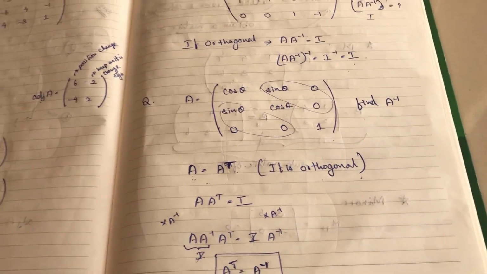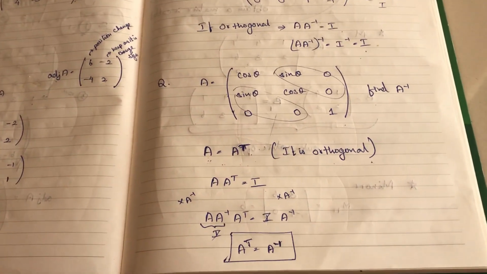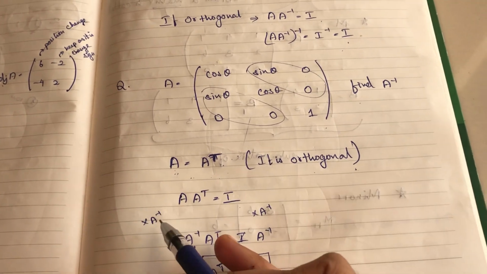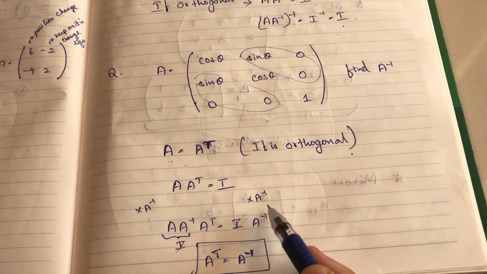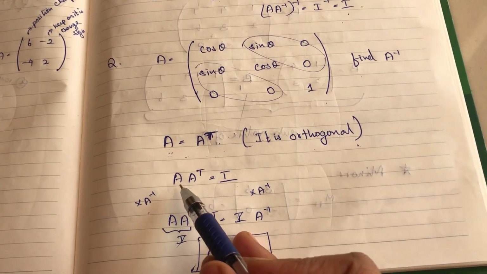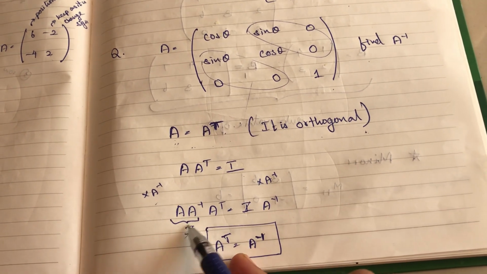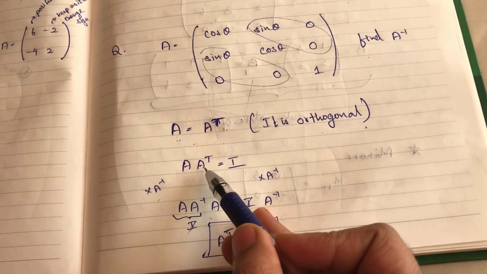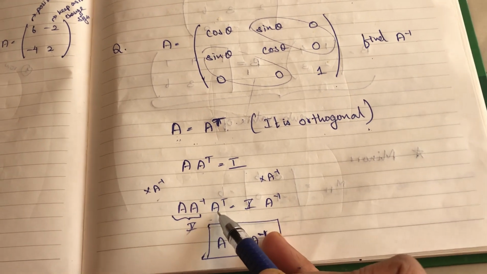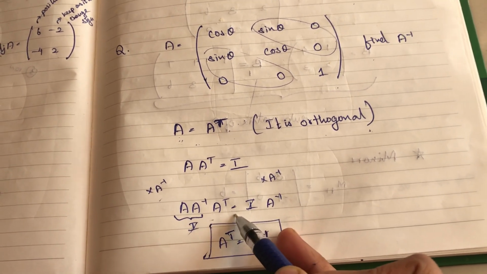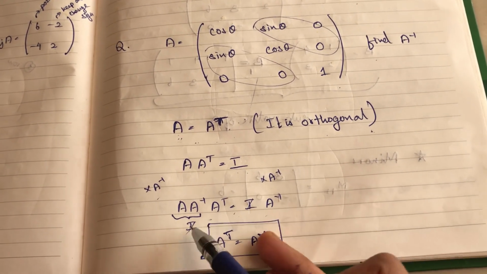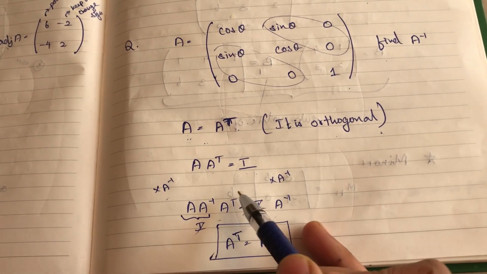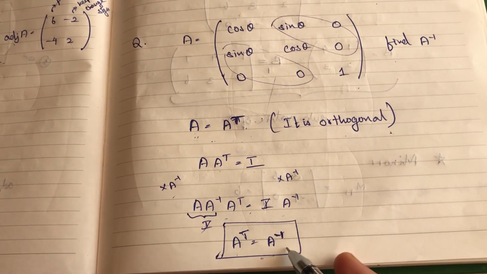So from this condition, we just have to multiply by the A inverse value. You can see here, just multiply A inverse on both sides. You will get A into A inverse is I, right, I. Okay. This is A transpose, just write it as A transpose, which is equal to I into A inverse. This I will get cancelled and we get A transpose which is equal to A inverse.